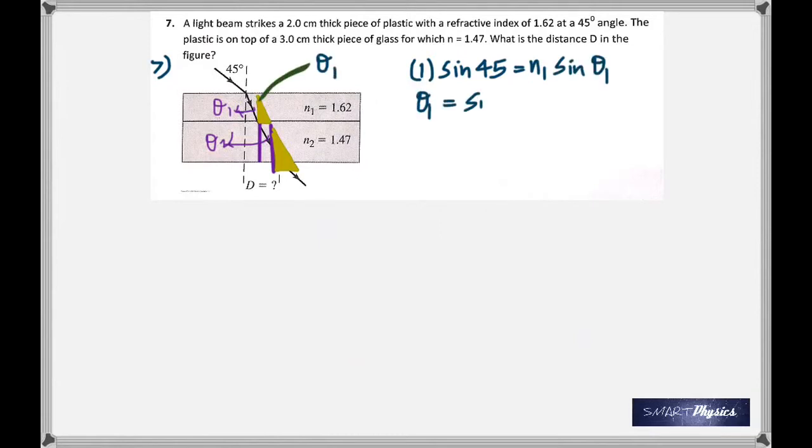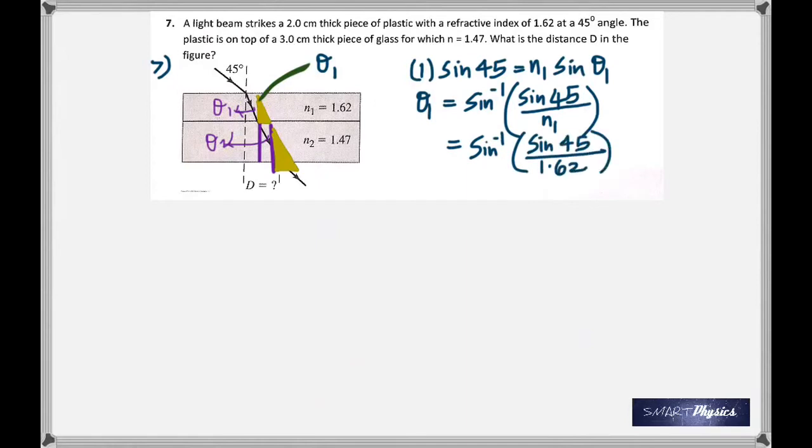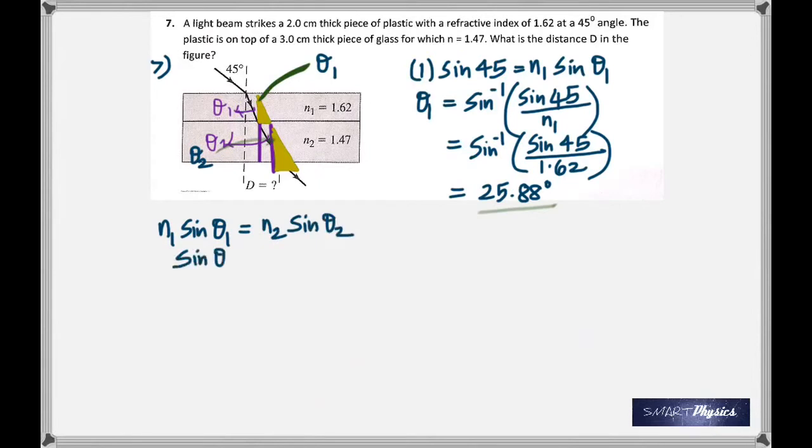So that is Snell's law of refraction, which will help us find theta 1, and then applying Snell's law at the second surface.